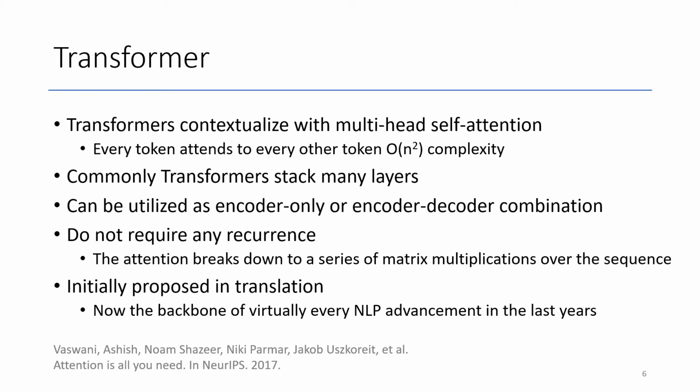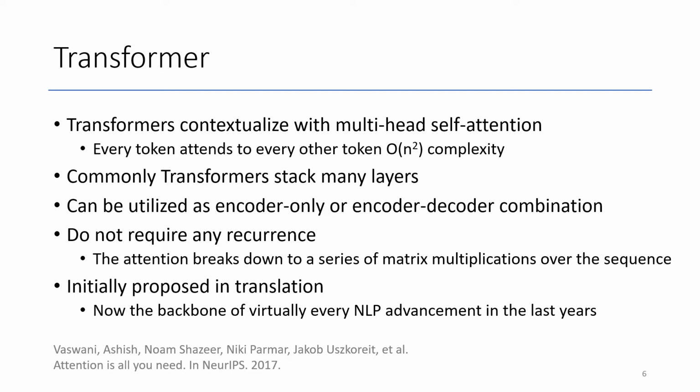The transformer architecture contextualizes with multi-head self-attention, and commonly, just as with RNNs, we stack multiple layers of transformers on top of each other. The transformer can be utilized as an encoder, but also in the encoder-decoder combination we saw in a previous lecture to generate natural language output.